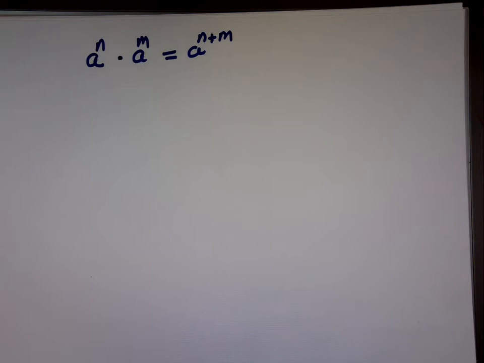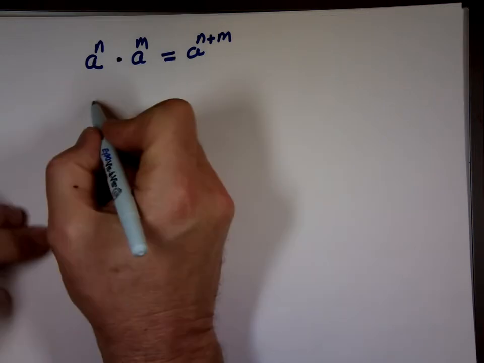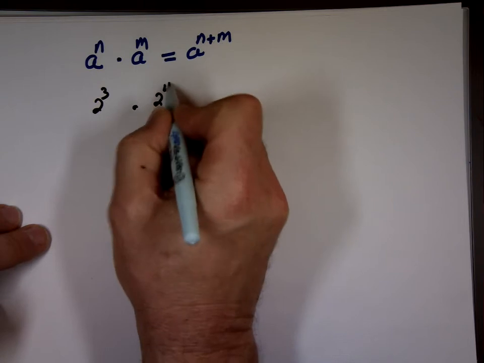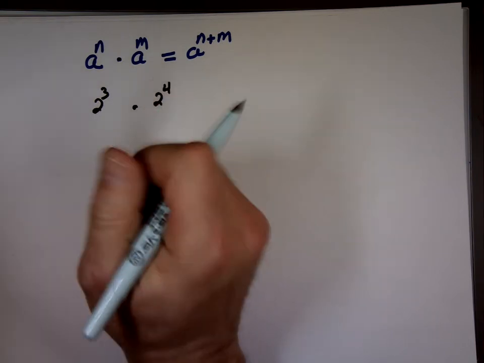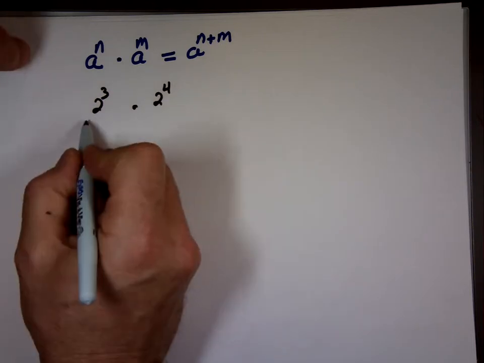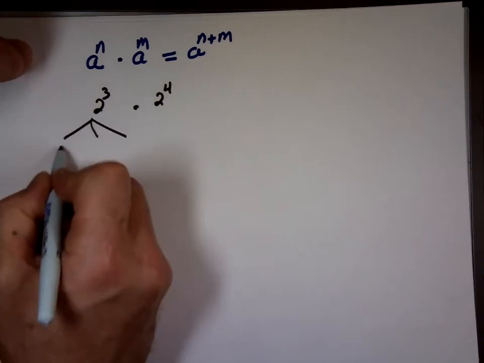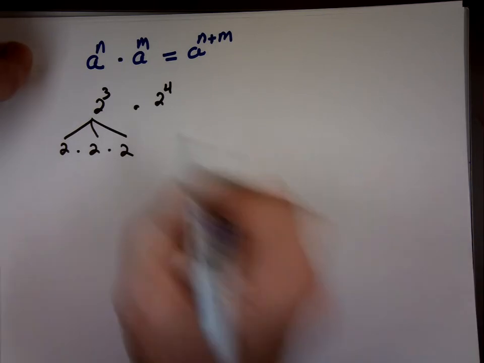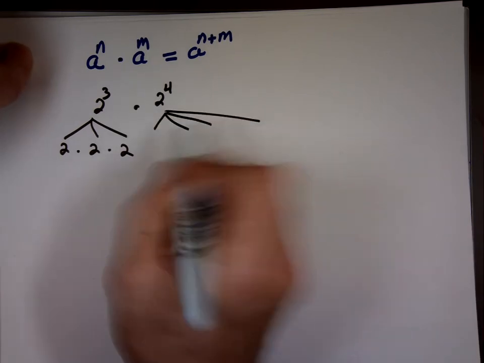Let's see why. Let's look at the math behind it. If I have 2 to the 3rd times 2 to the 4th, it's not 2 to the 12, it's 2 to the 7. Why? Well, what is 2 to the 3rd? Isn't that 2 times 2 times 2? What's 2 to the 4th? It's 2 times 2 times 2 times 2.